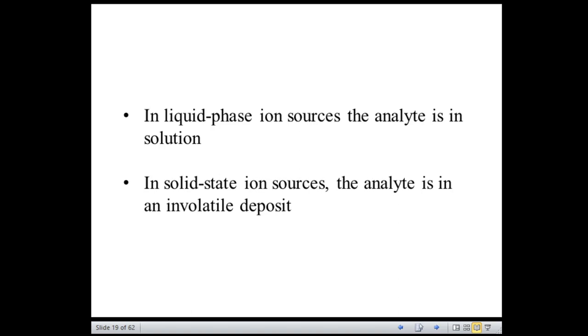In the case of a solid state ion source, the analyte is an involatile deposit, that means we deposit the analyte in an involatile compound. We call that a matrix, which can be either a solid or a viscous fluid.